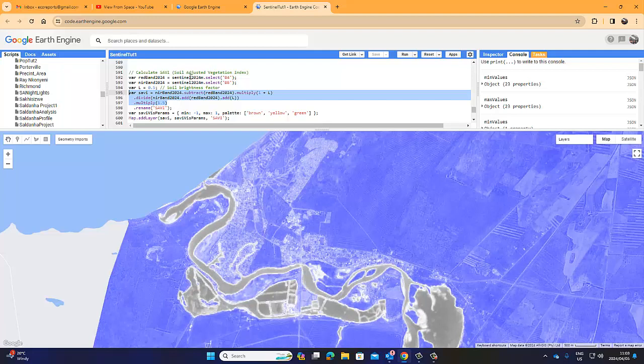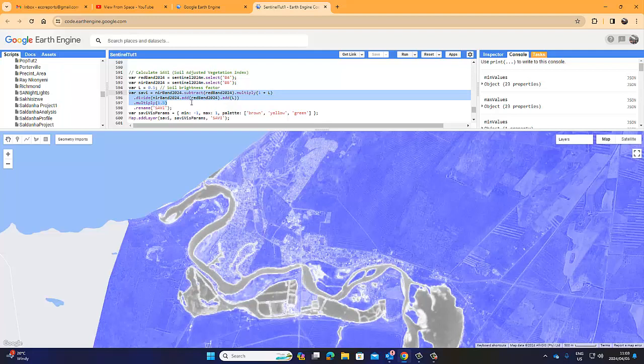Where the NDVI is a normalized difference, meaning you subtract and divide by the addition, here the formula looks quite different. You've got the subtract part, which you multiply by 1 plus L, divided by the near infrared plus the red plus L, and then you multiply by 1.5.